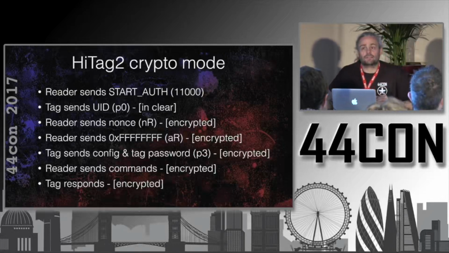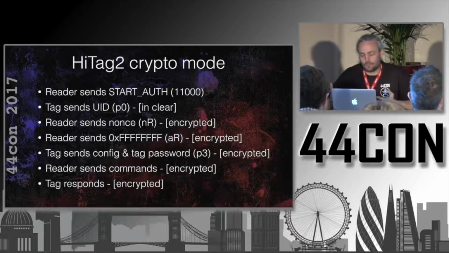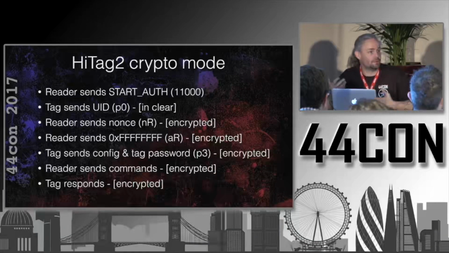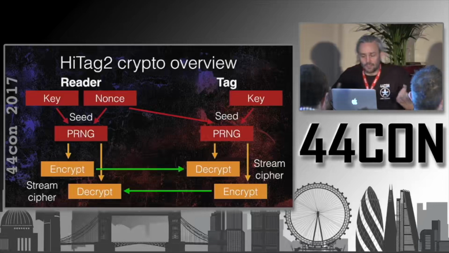That means that the tag can guarantee that the reader knows the key that the tag has. When the tag responds with its password encrypted, then the reader can confirm that the tag knows the password as well. And then they've mutually authenticated. And from there onwards, they can have an encrypted communication where the reader can send commands and the tag can respond.